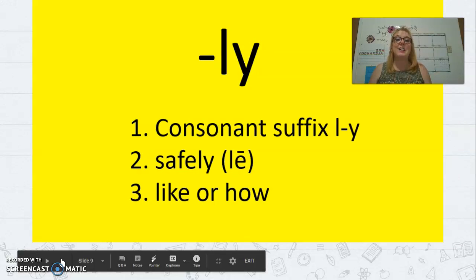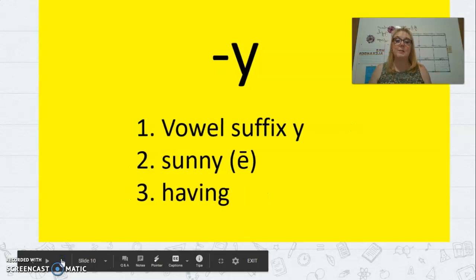LY. Consonant suffix LY, like safely. Means like or how. Y. Vowel suffix Y, like sunny. Means having.